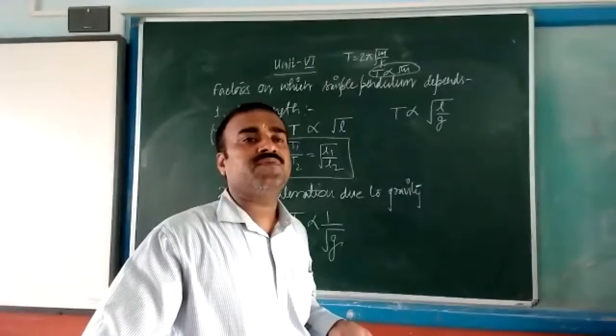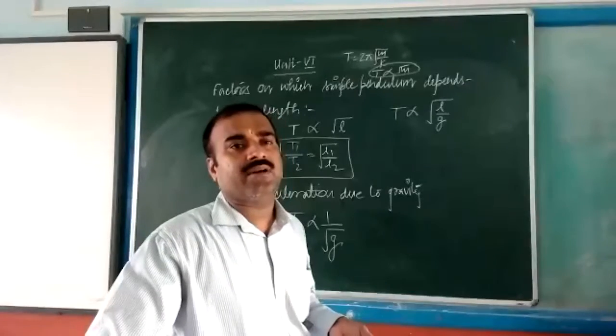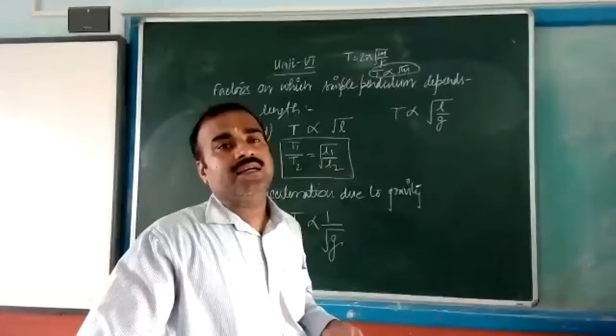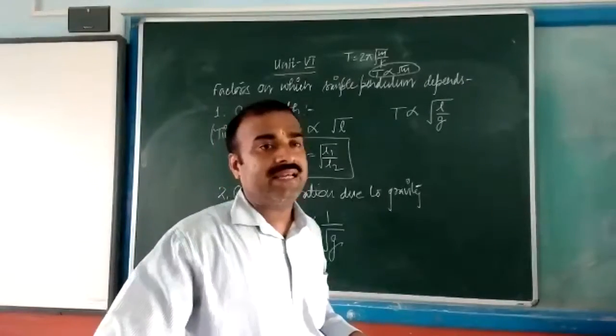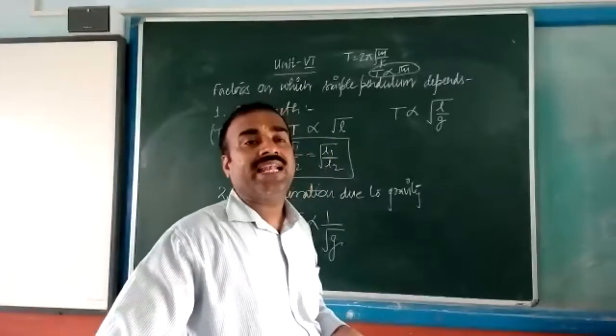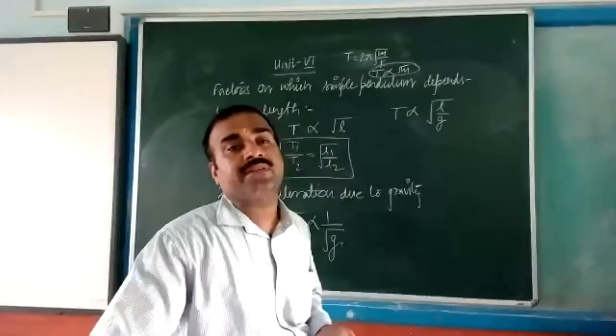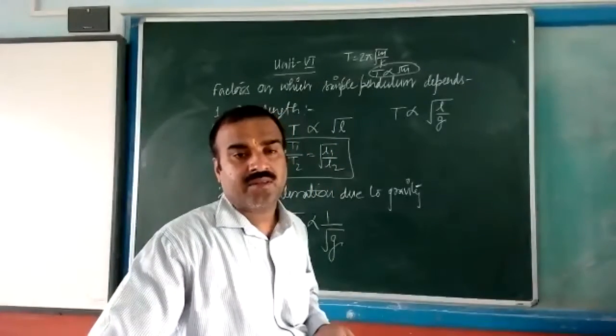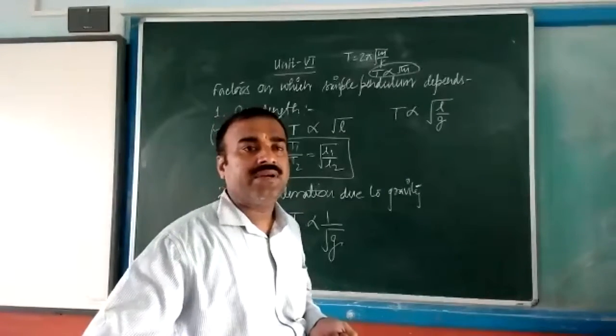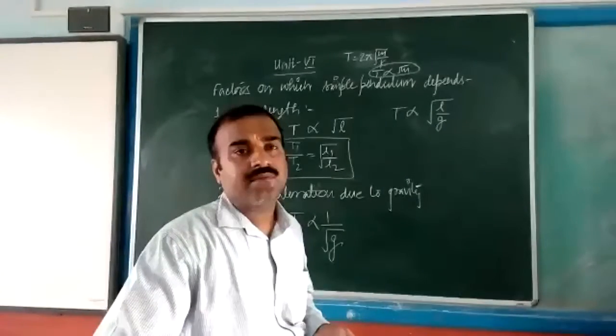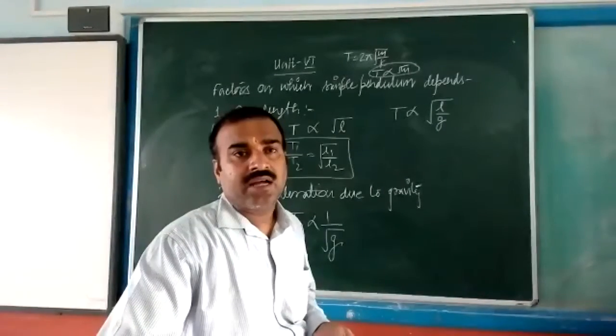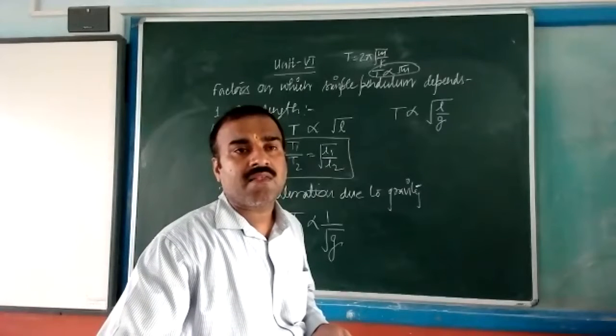For a freely falling body, the increase in velocity in 1 second is known as acceleration due to gravity, denoted by small g. Its value is 9.8 meter per second square. Written? Yes, sir. Clear? Yes, sir.